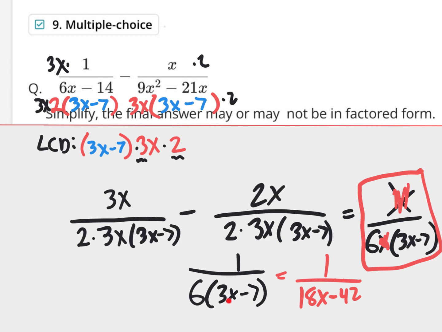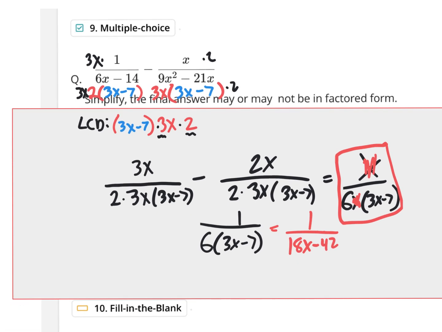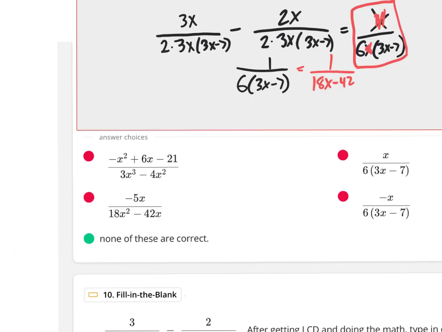So we're looking for this or we're looking for that on our multiple choice answers. When we look for 1 over 6 times 3x minus 7, it's not there. There's a 6 times 3x minus 7, but that's not a 1. So it's none of these in this case.